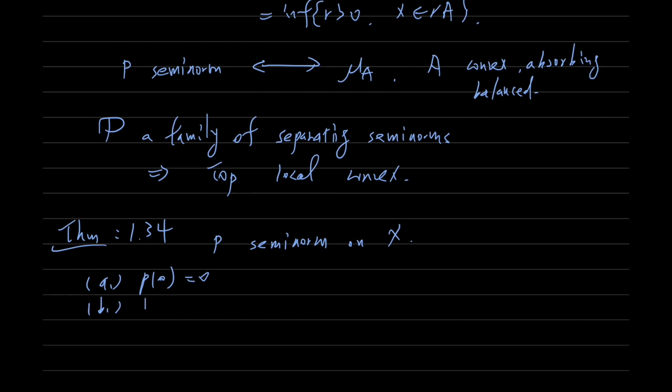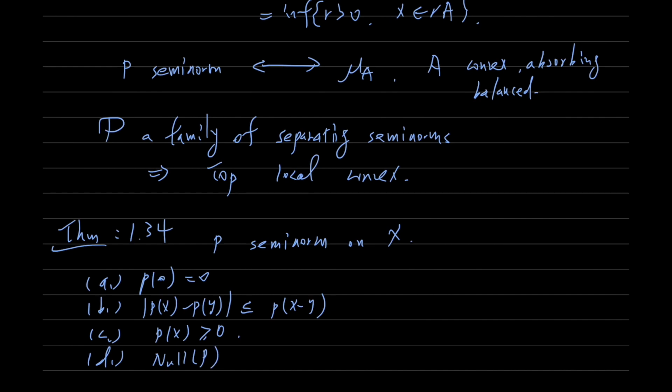Second, |p(x) − p(y)| is smaller than or equal to p(x − y). C, p is non-negative. D, the null space of a seminorm is a subspace.